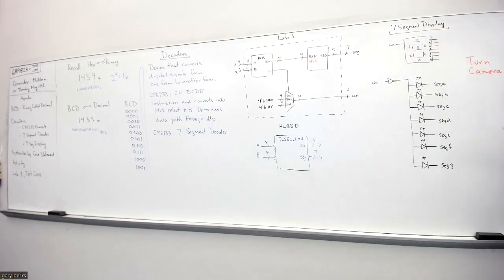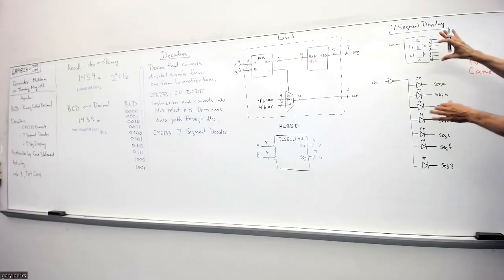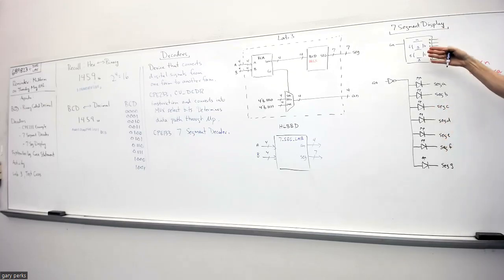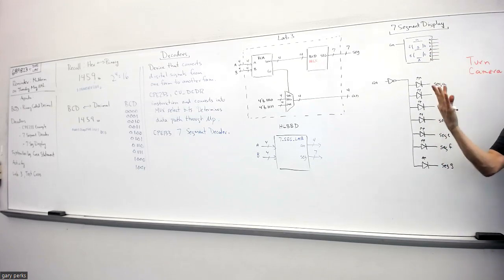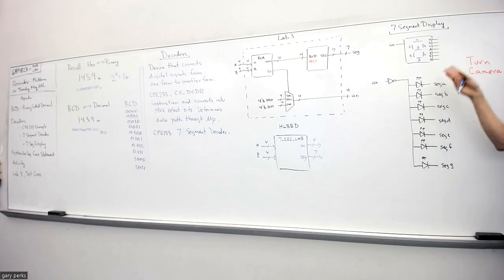Okay. And inside that 7-segment display, there's a circuit like this. Now, again, you're not going to get tested on any circuits in electronics. I'm going to mention a little bit about circuits just to hopefully give some understanding of how this 7-segment display works.